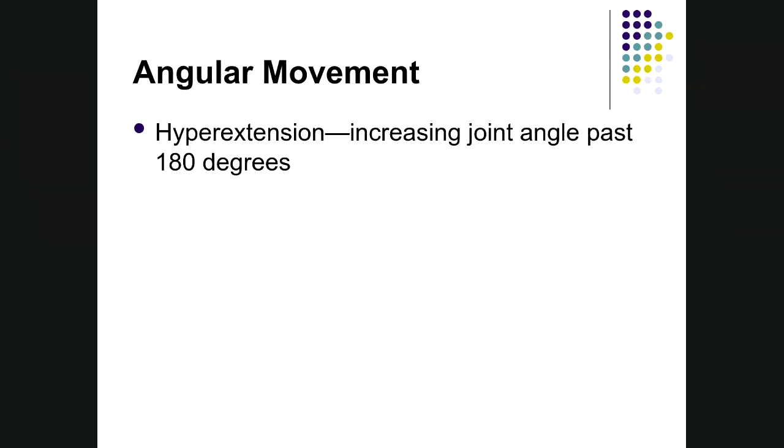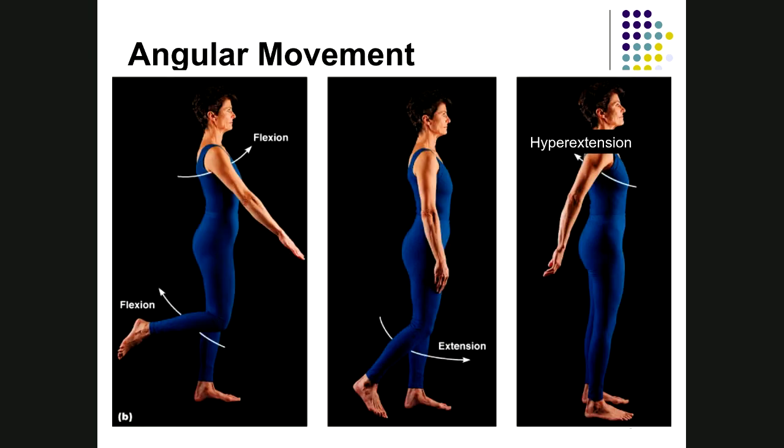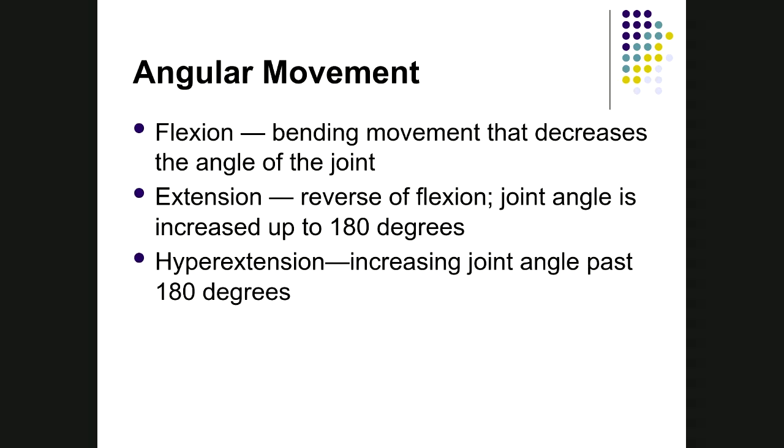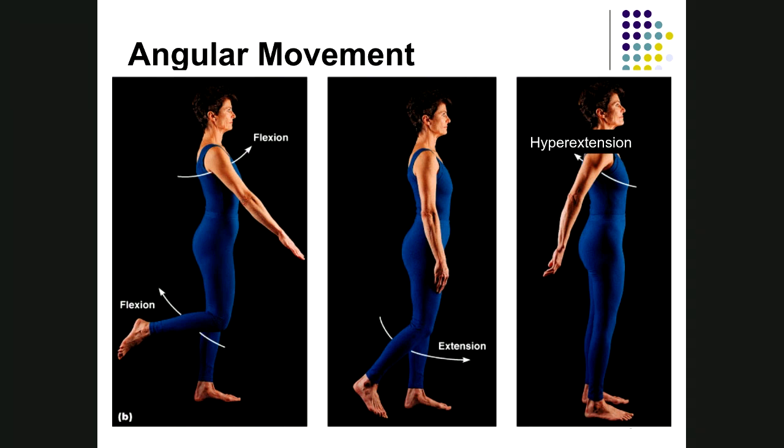So that's flexion. If you increase the joint angle, it's called extension. So extension is the opposite of flexion. And so we're going to increase the joint angle up to 180 degrees. And so when I straighten my leg, I'm going to go this way, and my leg's going to go back to this straight position.